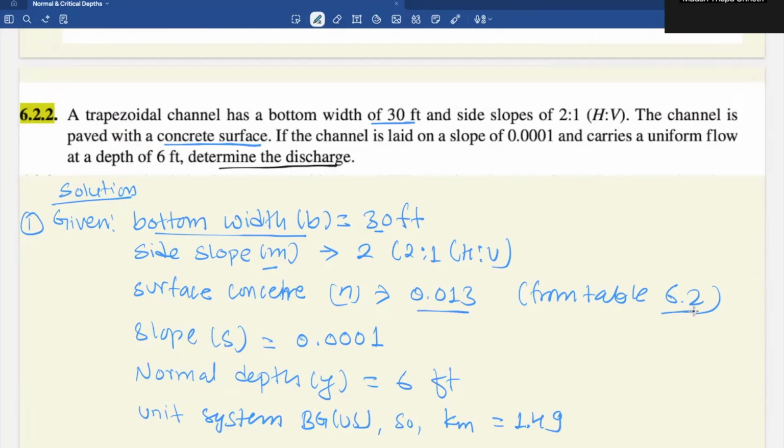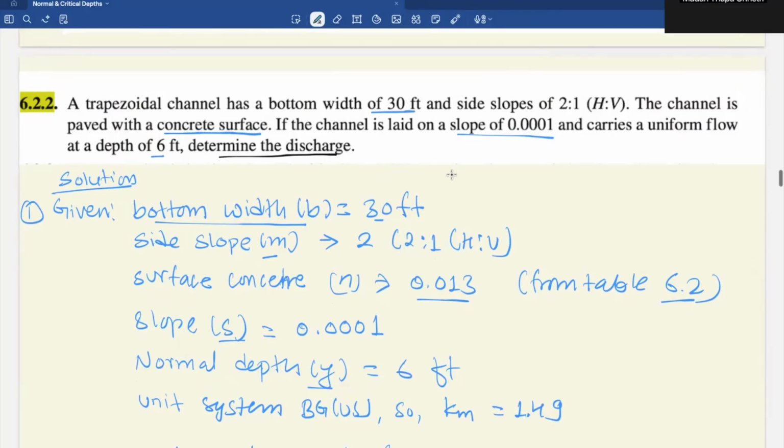I already mentioned this concrete surface by showing it in the table of Manning's values, which is equal to 0.013. It is from table 6.2, and the slope S is 0.001. It carries flow at a depth of 6 feet, that is, the normal depth is 6 feet. Since all the units are in the BG system, we will be using the value of Km as 1.49.